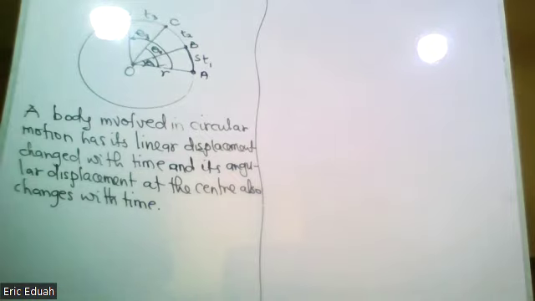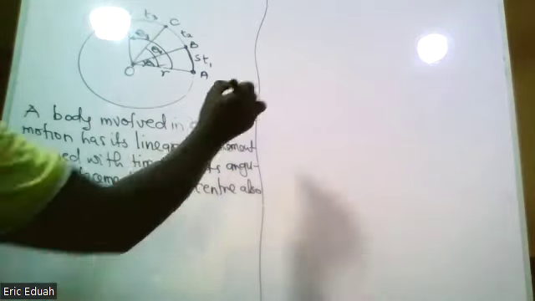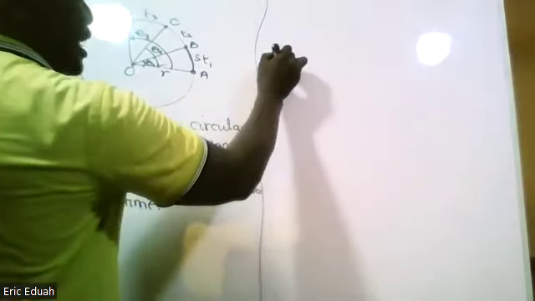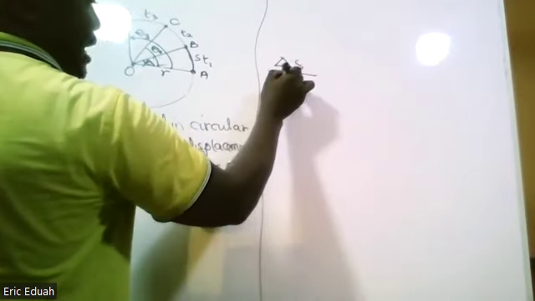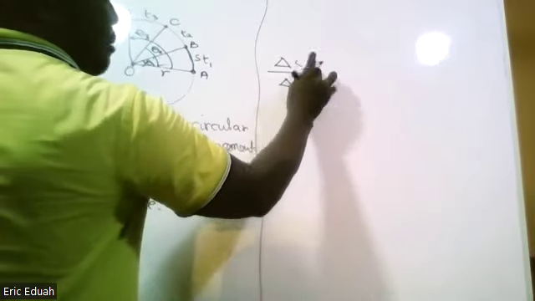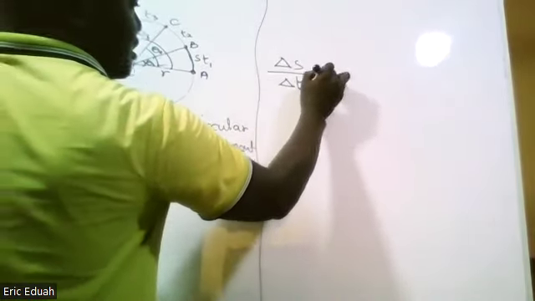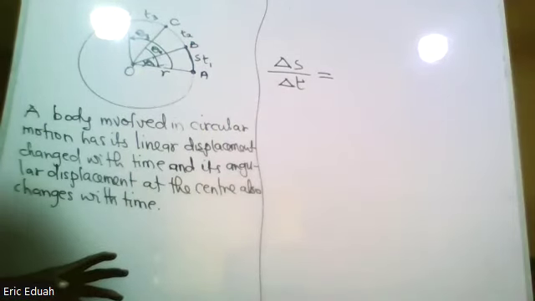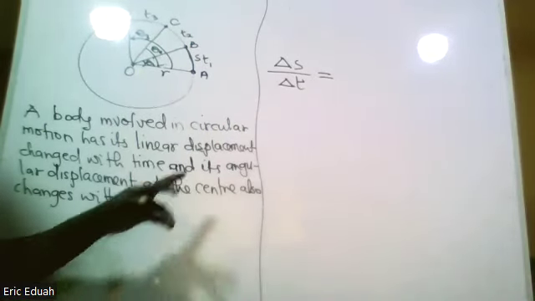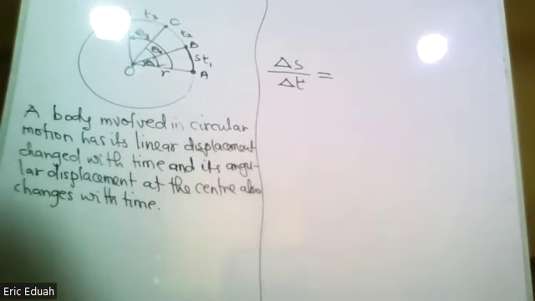In linear motion, when we have a change in displacement with respect to time, this amounts to what? A change in displacement with respect to time amounts to what in linear motion?